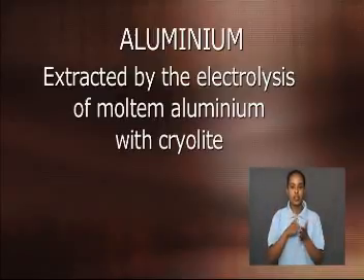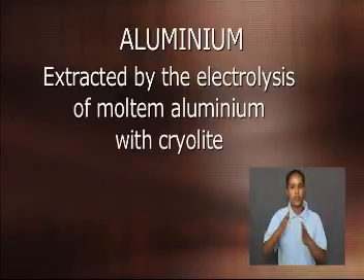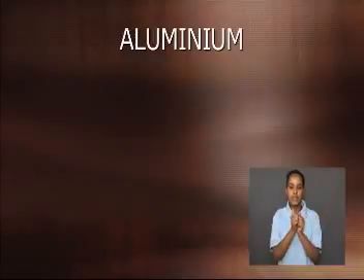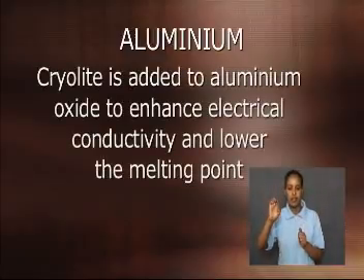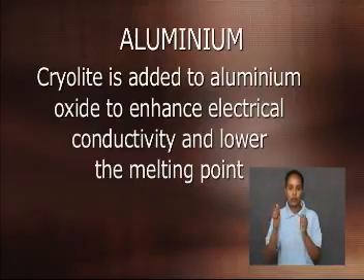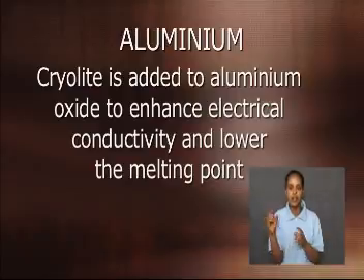It is extracted by the electrolysis of molten aluminium oxide with cryolite. Cryolite is added to aluminium oxide to enhance electrical conductivity and to lower the melting point.